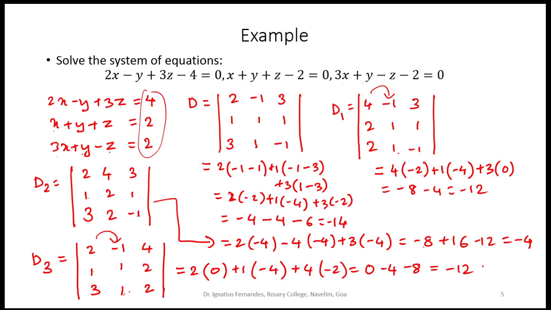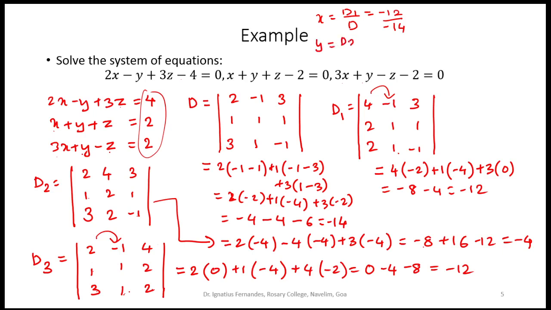Once I have found the values of each of this determinant, I can write down the values of x, y, z. So what is x? X is equal to D1 upon D. That will be equal to D1 is minus 12 divided by D here is minus 14.